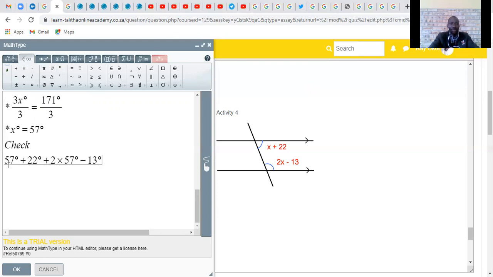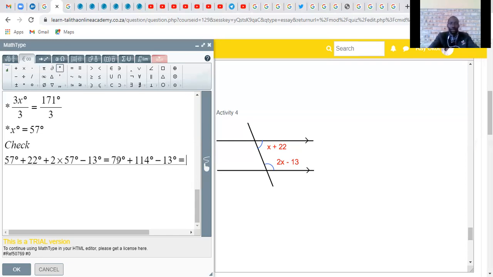57 plus 22 is going to give us 79. Then this quantity, which is 2 times 57, is going to give us 114. So we have to add this to 114, then from it we take away 13. What should this give us?